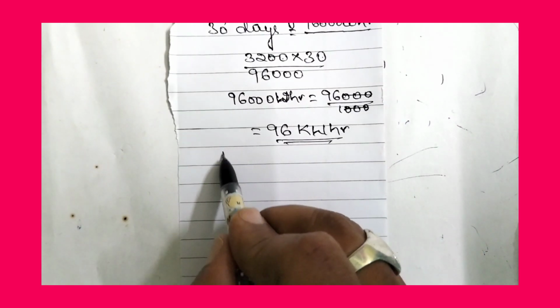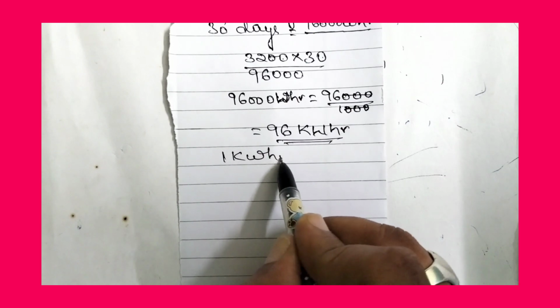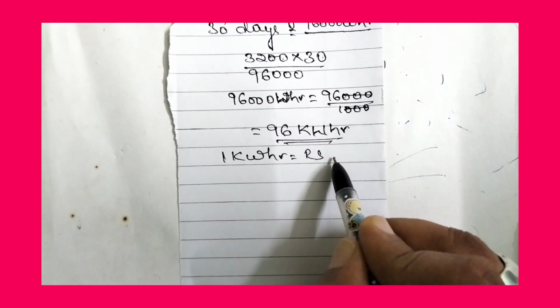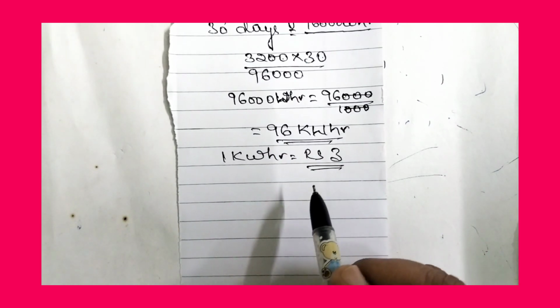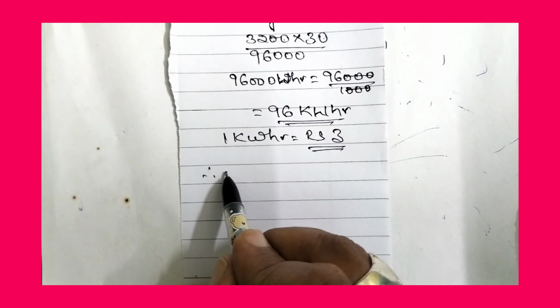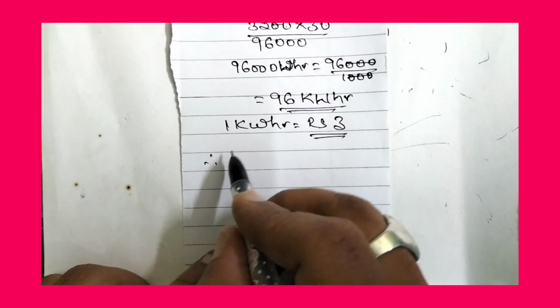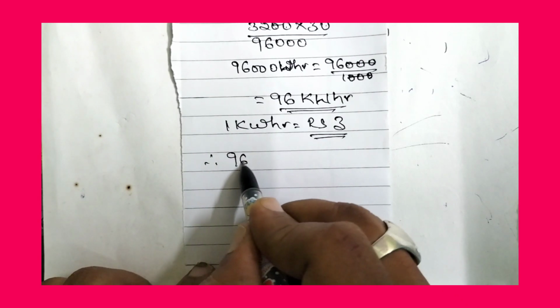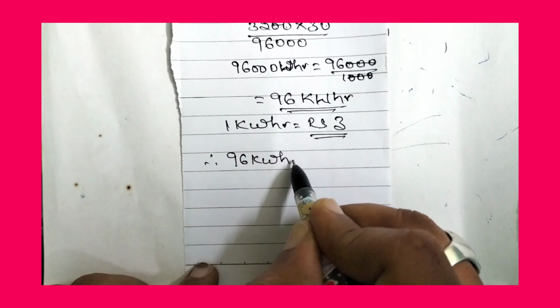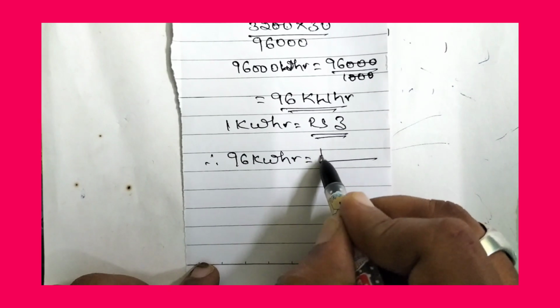So we know that 1 kilowatt hour is equal to rupees 3. Therefore, 96 kilowatt hour is equal to dash rupees.